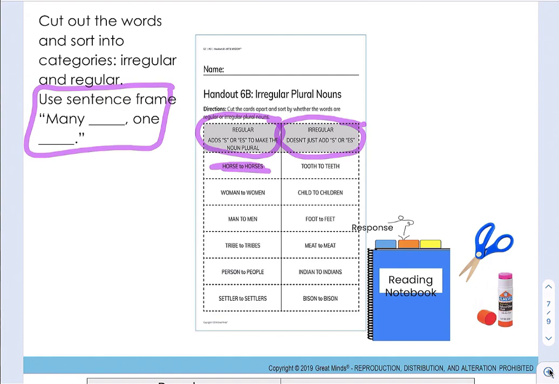Do not glue them down yet. I will have the answer key up in a second here, but I would love for you to pause the video now, cut out your cards, sort them, and then lay them out, and then you can press play again once you're done with that to check your answers.